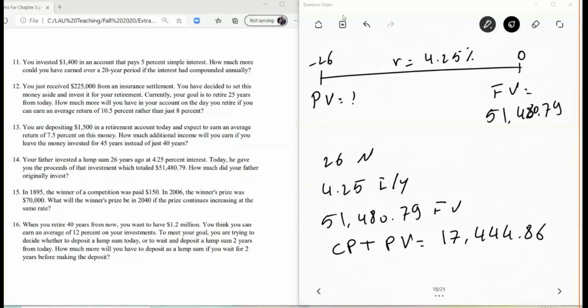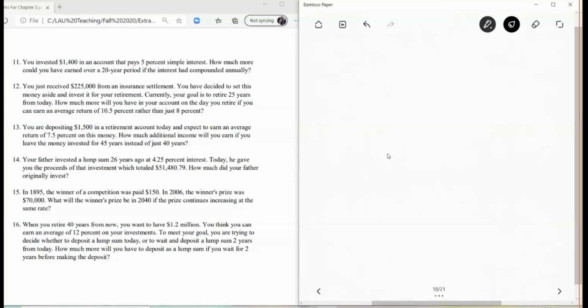Number 15. In 1895, the winner of a competition was paid $150. So this is year 1895. In 2006, the winner's prize was $70,000.